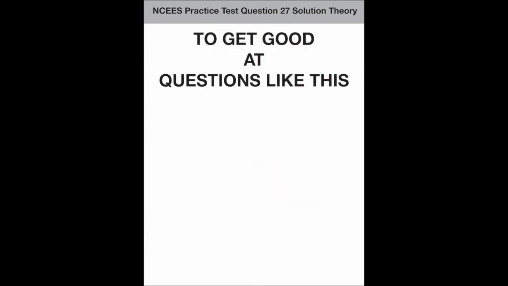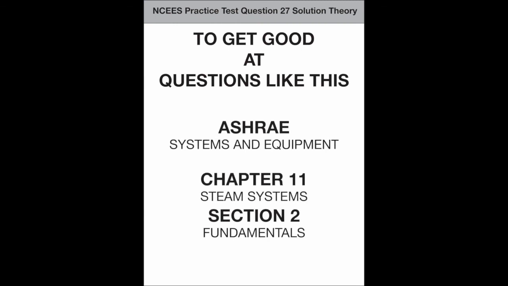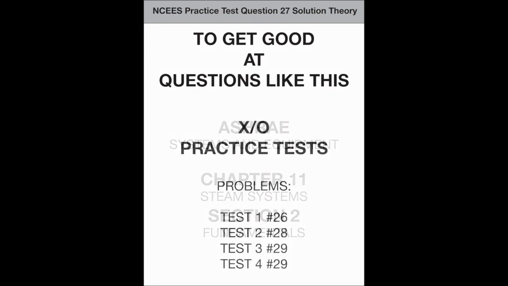To get good at questions like this, study ASHRAE HVAC Systems and Equipment, Chapter 11, Steam Systems, Section 2, Fundamentals. In the ExOverZero practice tests, do problems Test 1, number 26, Test 2, number 28, Test 3, number 29, and Test 4, number 29.